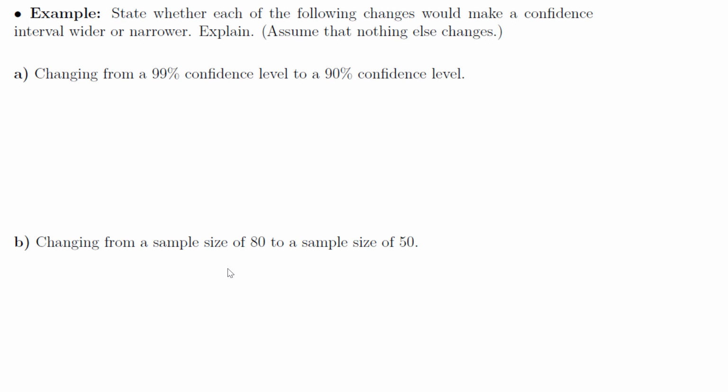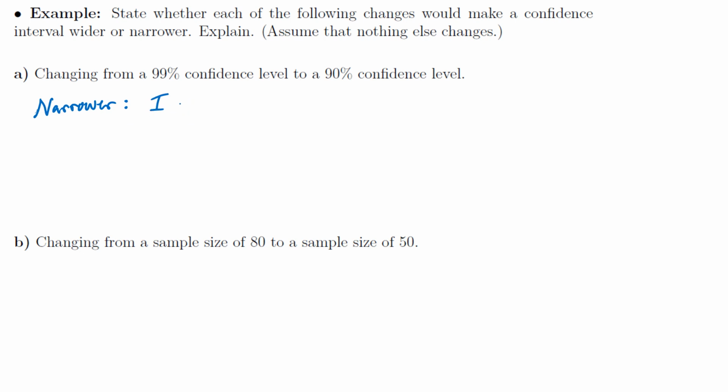All right, so hopefully you paused and thought about that for each of these. So if I'm changing from a 99% confidence level to a 90%, I'm going from needing to be really sure that I captured the true proportion to not quite needing to be as sure. So what I would say is if I did that, then I would go to a narrower interval.